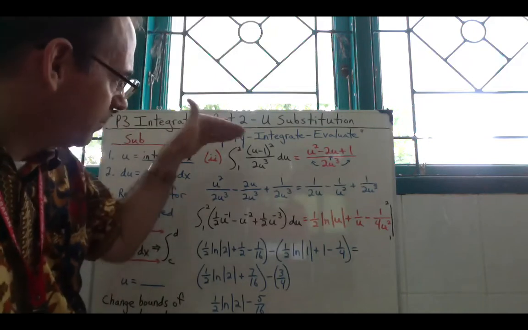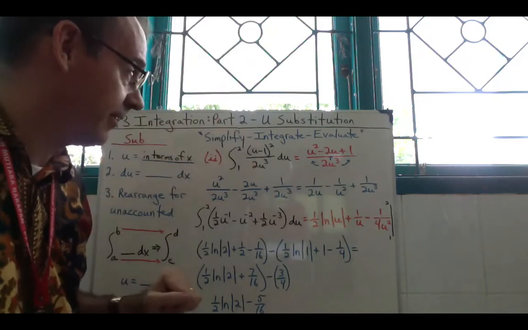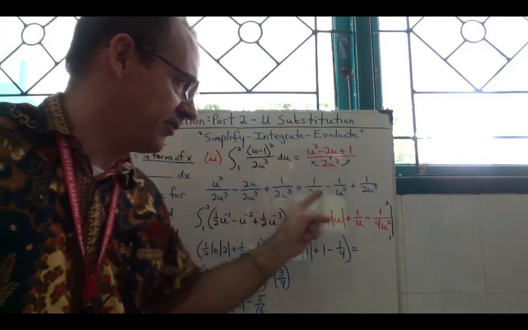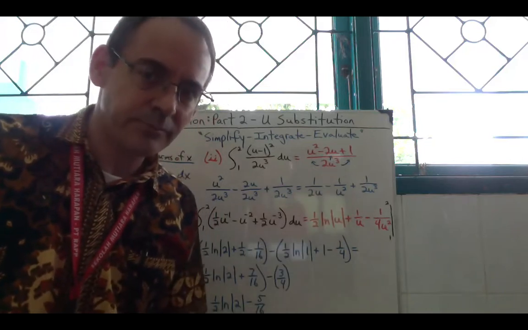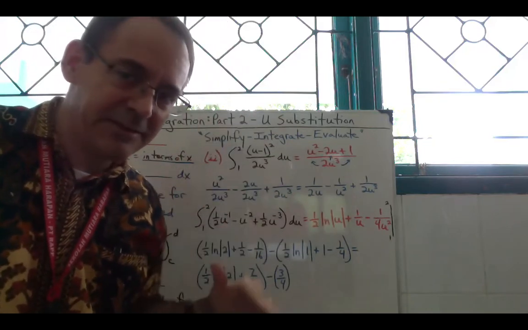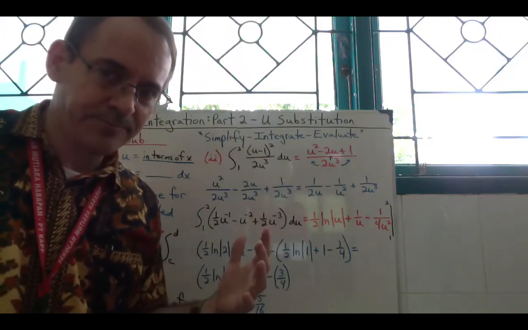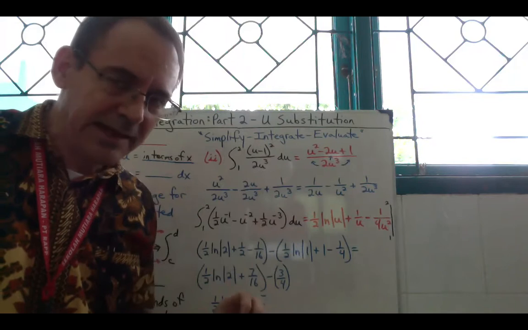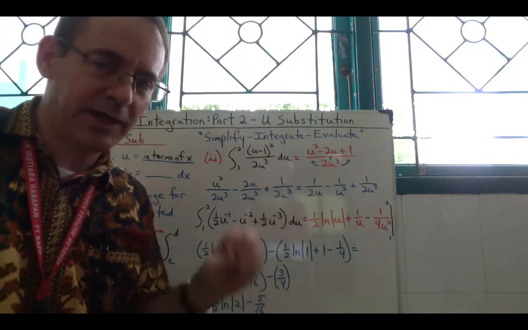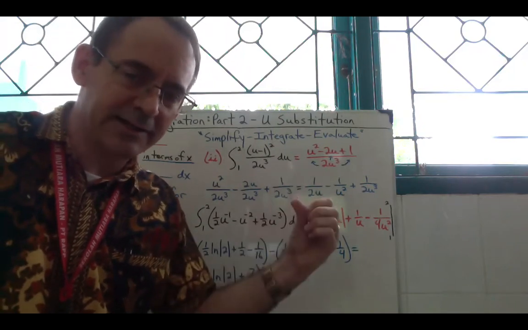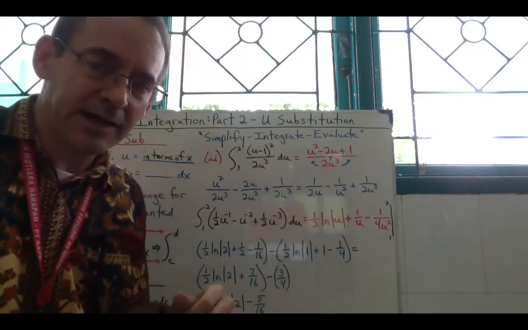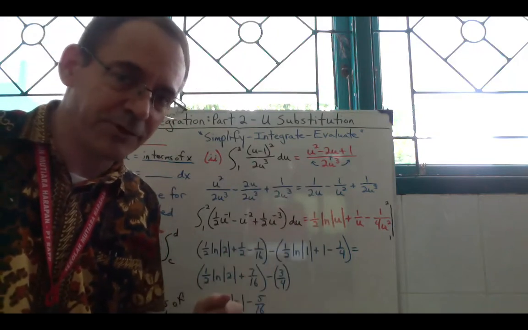So notice between here and here, all of this is just algebraic simplification. You didn't have anything in that identification list to help you. So if there's nothing in that identification list to help you, it means you need to algebraically rearrange it so that it's in a simpler form.